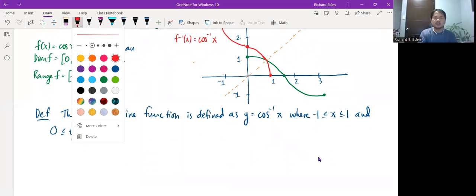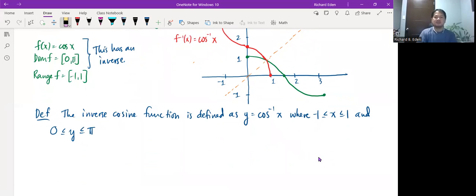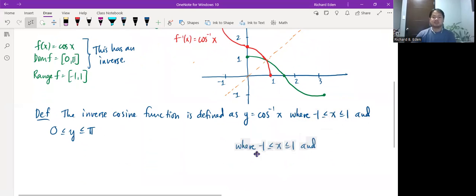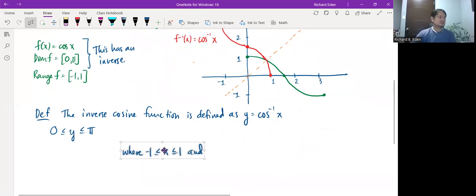Oh, hold on. I should have mentioned, sorry. Oh gosh, the important part of the definition. Because I just wrote y equals cosine x, but it's if and only if. So when is y equals cosine inverse of x?